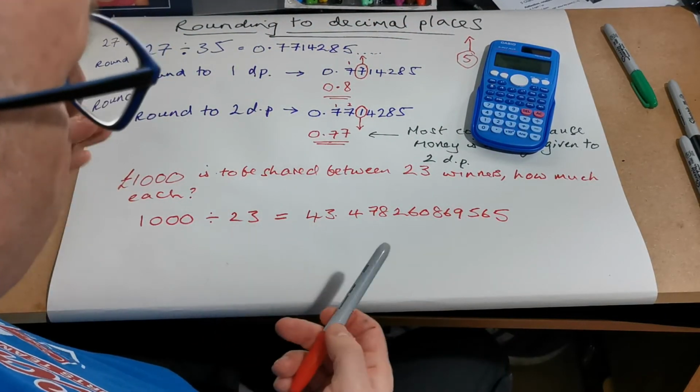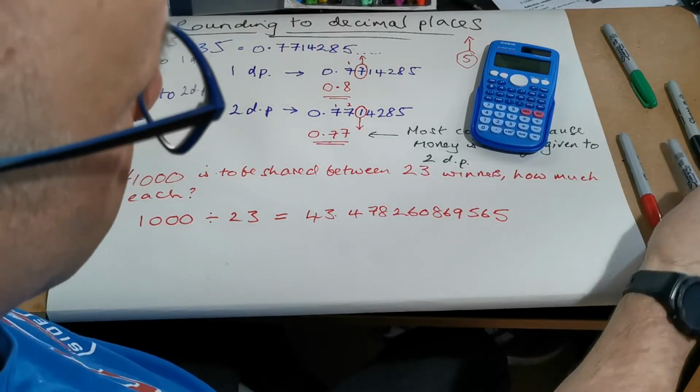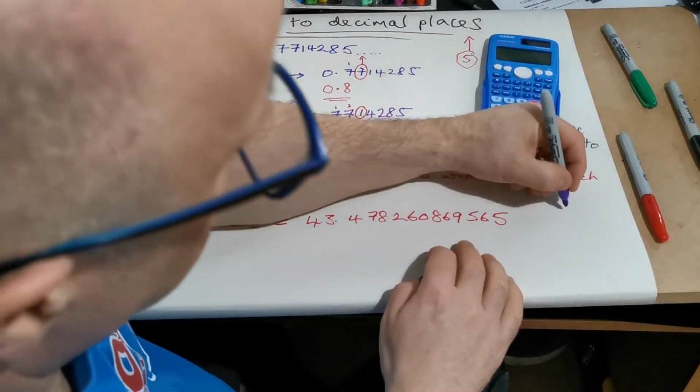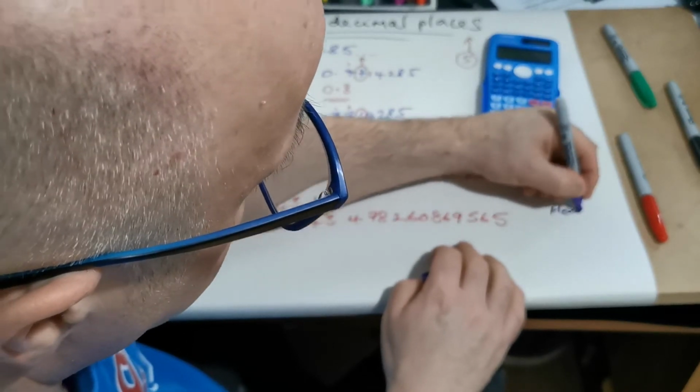We're talking about money, so we're going to think two decimal places.